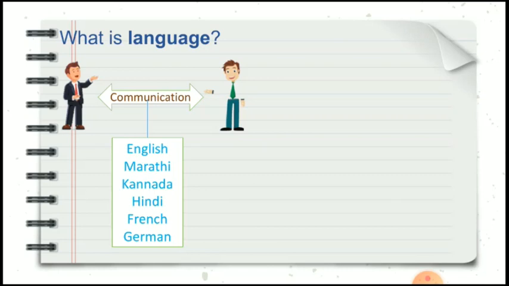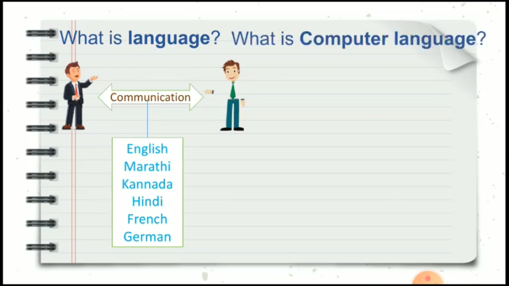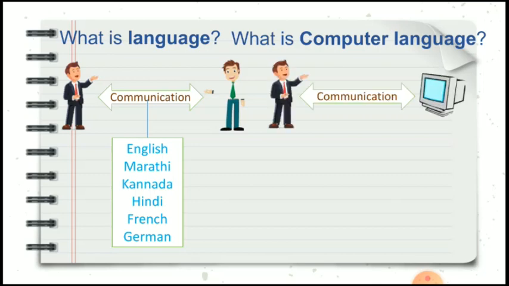So now we will see what is computer language. If you want to communicate with the computer, you have to learn computer language. To communicate with the computer, you have to give instructions to the computer by using computer languages.